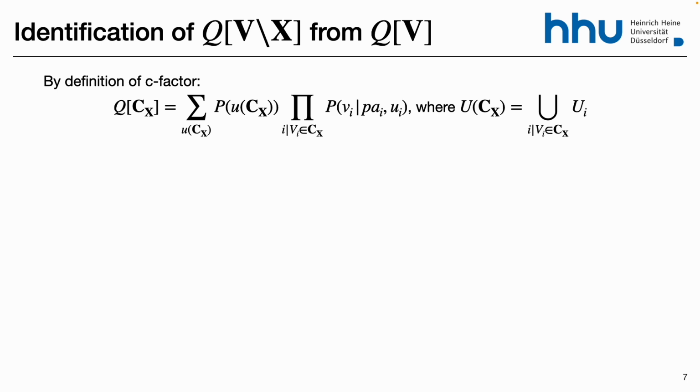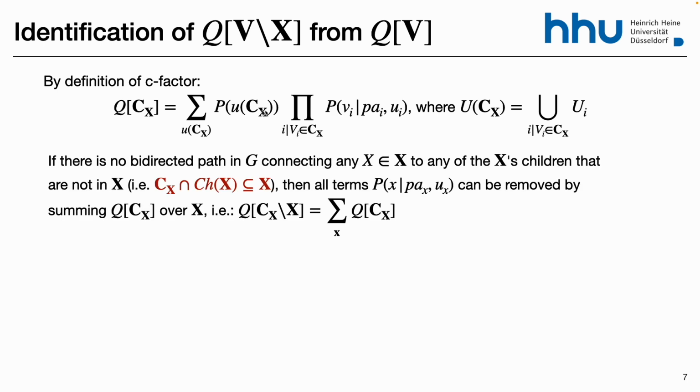So by definition of C factor, you know that the Q of C_X is this whole expression here. So we have the sum over the Q of the U's corresponding to the C_X's. Before you saw this without the X, so it's exactly the same, but now we have the X here just because we have now a union of C components for every X. But that's the same thing as we saw before.